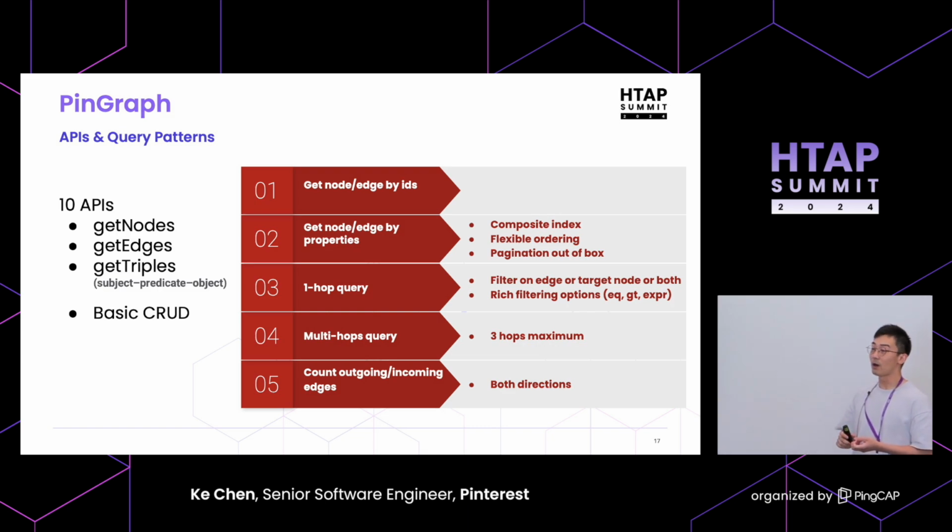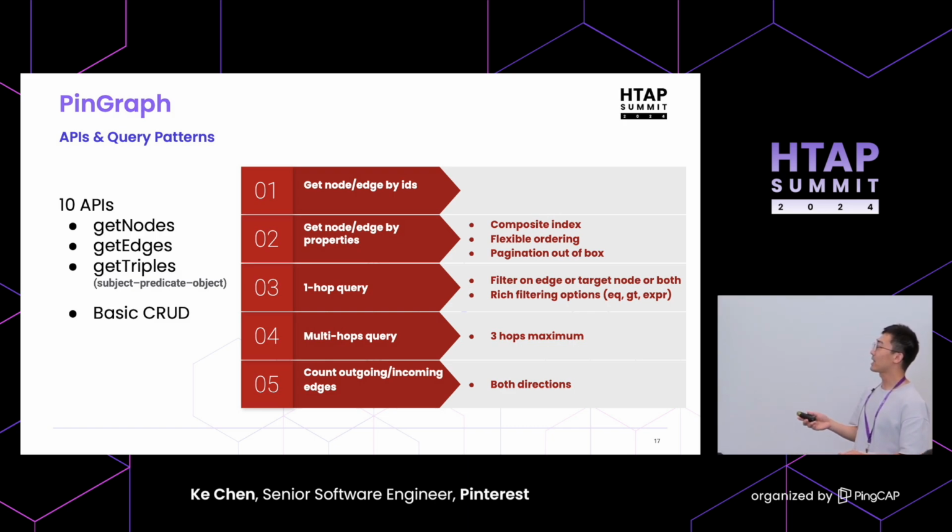We also support one-hop query, which is the most commonly used query pattern we saw in the past for the graph service. But again, the filtering logic is pretty flexible as well. You can start from one node, get outgoing edges, filter some of the properties on the edges, and further filter some of the properties on those target nodes, and combine things together as well.